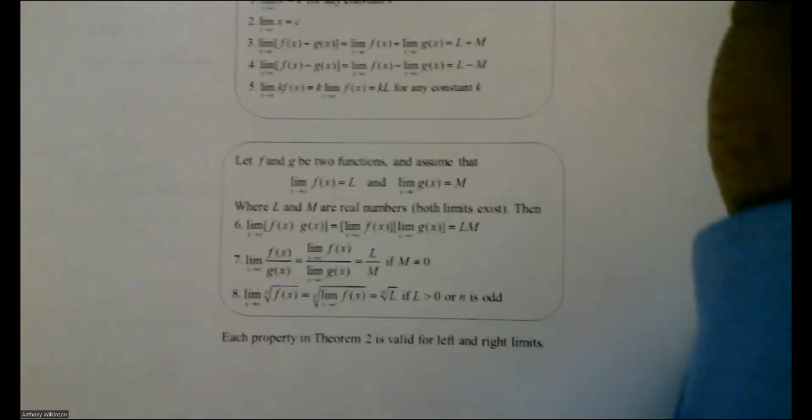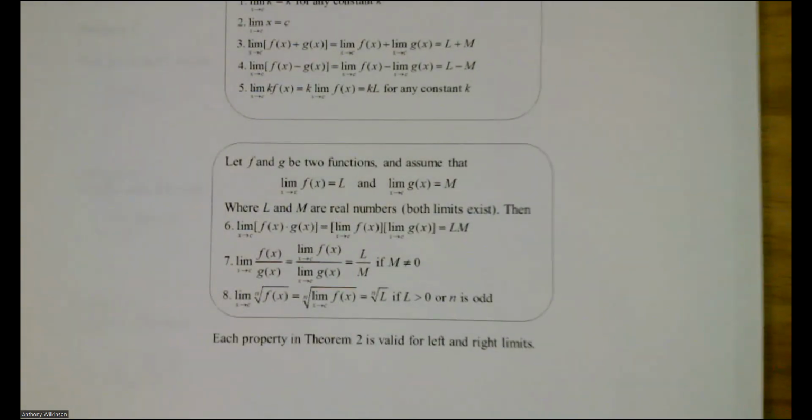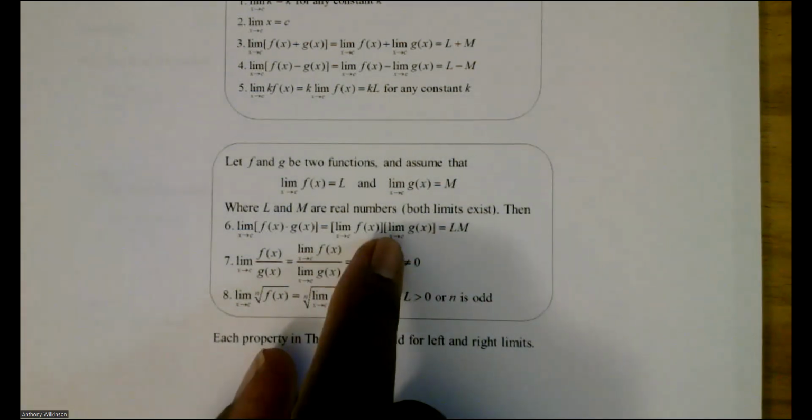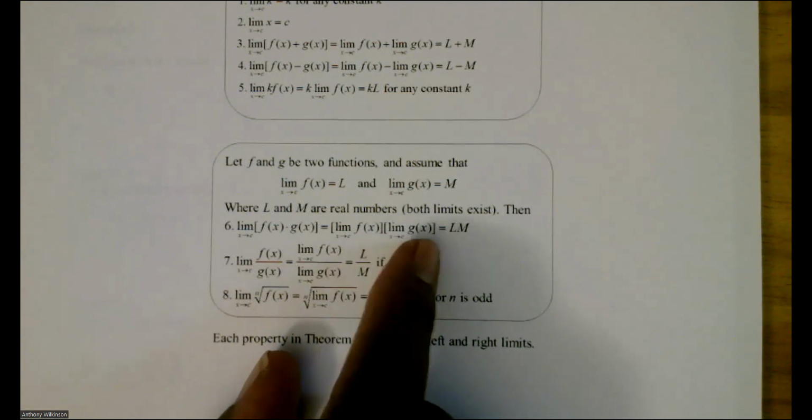All right, next we got this. Here we got 6, 7, and 8 of theorem 2. If we have the limit of a product of two functions as x approaches some constant, then we can take the product of their individual limits.